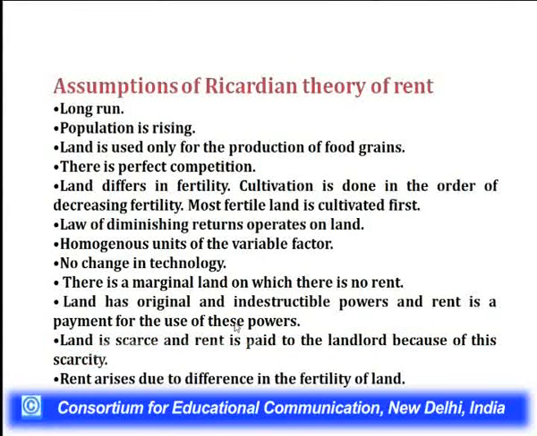The Ricardian theory is based on a large number of assumptions. Number one is the long run. We are not talking of the short run, we are talking of the long run period. Population is rising. In this theory, it has been assumed that population goes on increasing, so the demand for food grains will also increase.